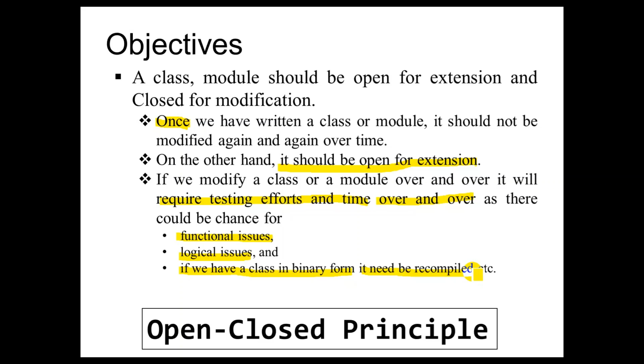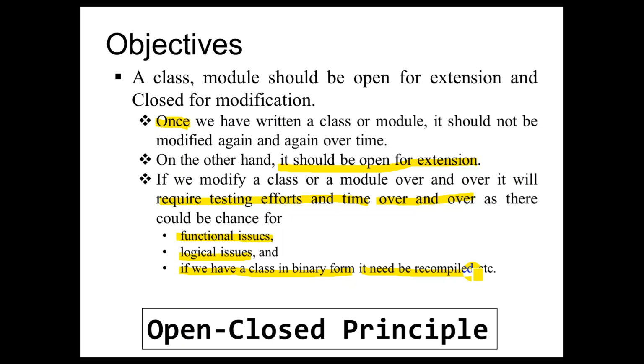So in object oriented software design, we need to adopt the open closed principle so that a class or module or a function can be extended without any modification in any other places.